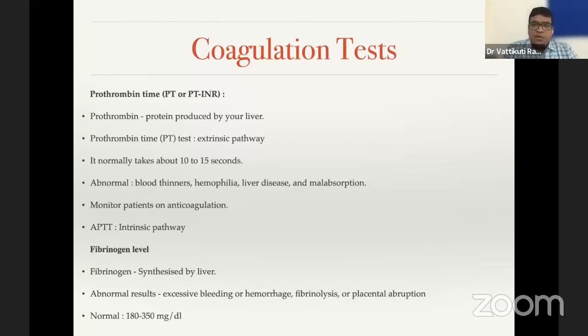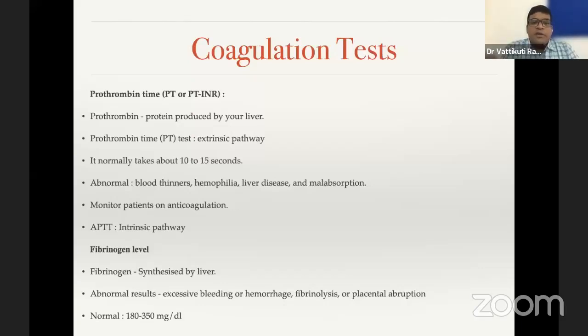If you look at prothrombin, it is one of the proteins produced by the liver, which is very essential for your clot formation. And by doing a prothrombin test, basically you're looking at the extrinsic pathway. As you're all aware, the coagulation pathway has two pathways, the intrinsic pathway and the extrinsic pathway. The extrinsic pathway is monitored by looking at PT, prothrombin time, and the intrinsic pathway is monitored by doing APTT.